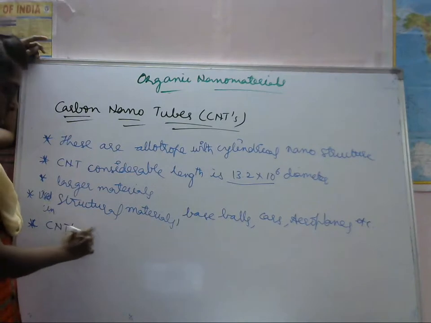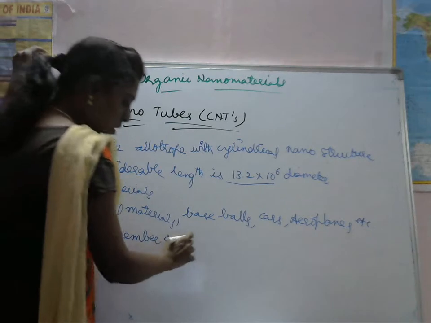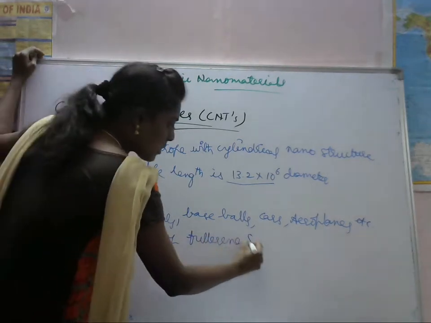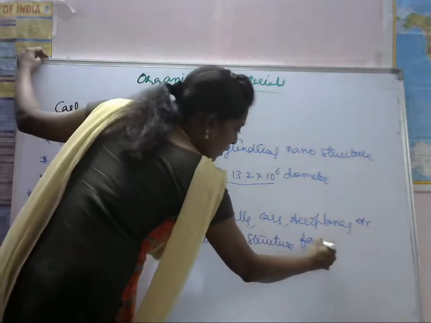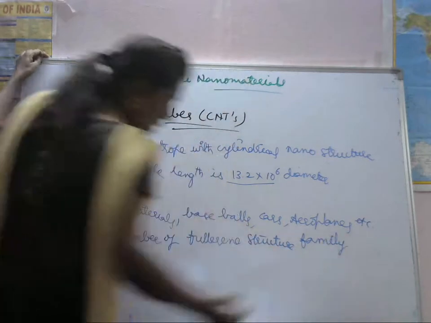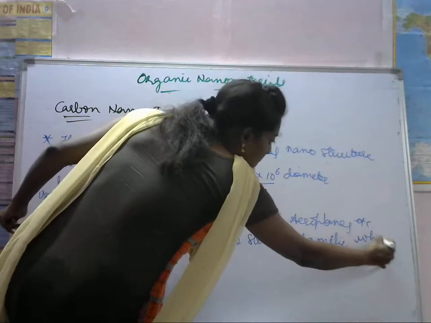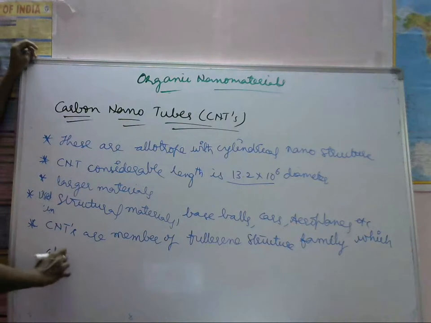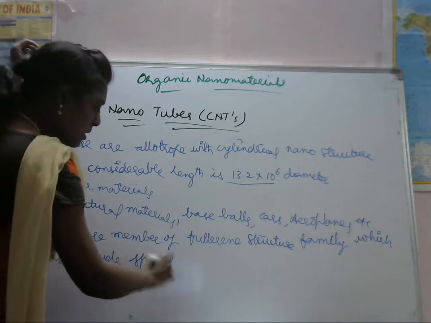CNTs are members of the fullerene structure family, which also includes special balls like C60.